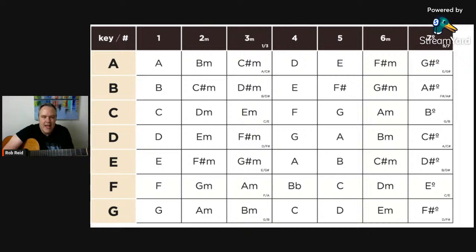So for example, the key of A, I know I'm gonna look there. If I see a 4, I know it's the D chord. If I see a 5, I know it's the E chord. If I see a minor 2, I know it's the B minor. So just a nice chart to put it all together, each key, so you can see what chord degree falls on the number. All right, you can pause it there and take a look.